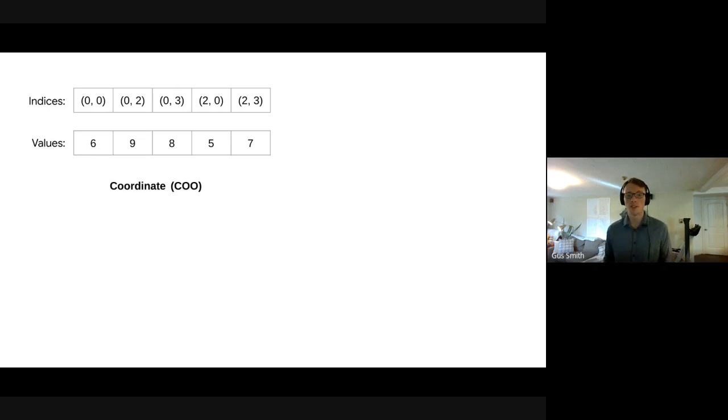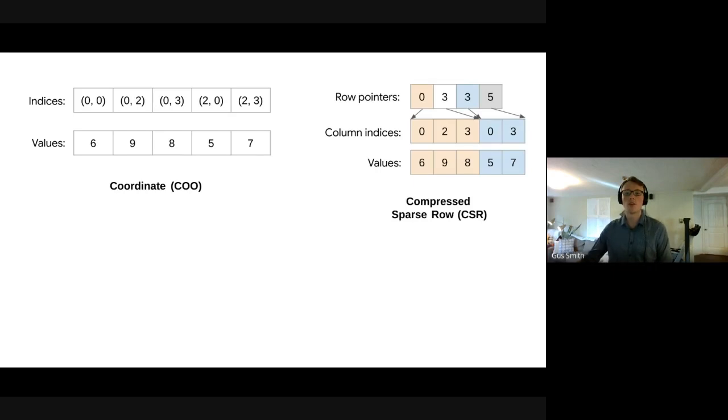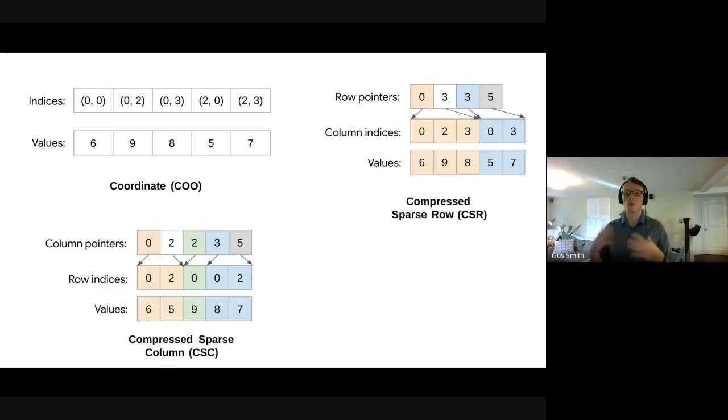So in this case, we know that the value 6 is at coordinate 0, 0 of this two-dimensional tensor, or this matrix. And there are a number of other ways to represent sparse tensors, depending on the actual sparsity present in the tensor. Different types of sparsity compress better with different sparsity formats.